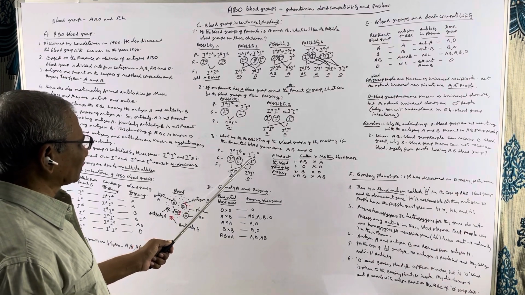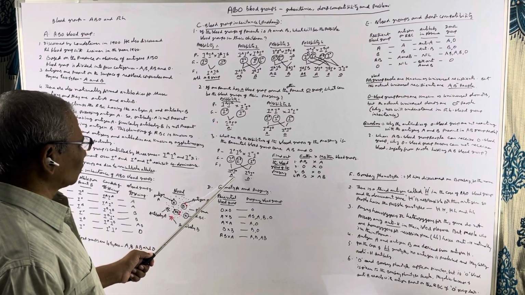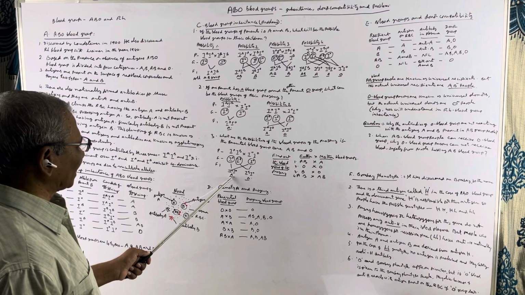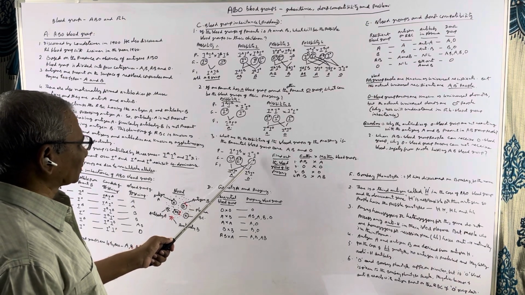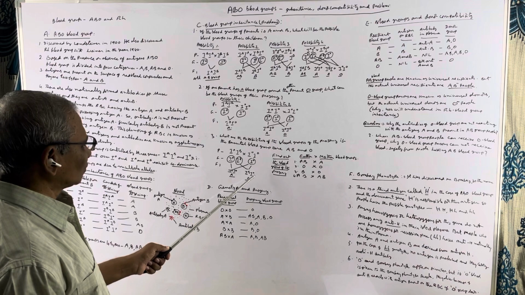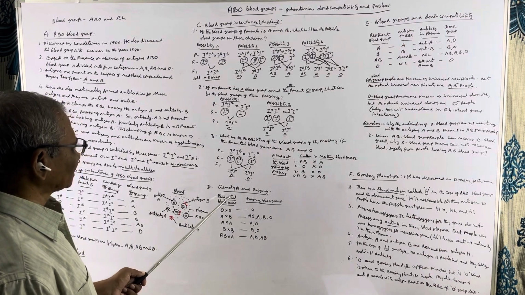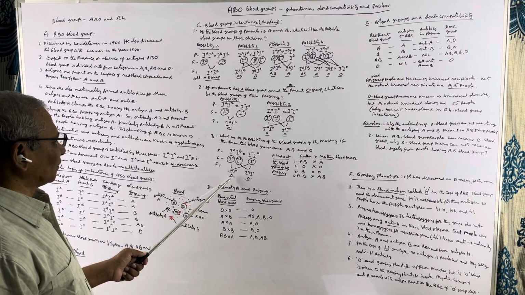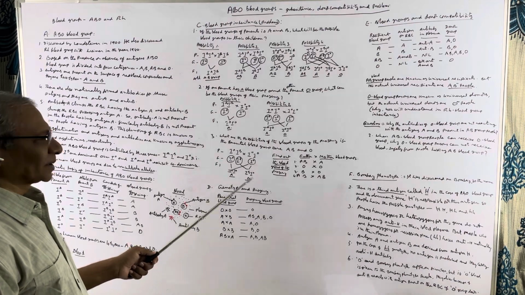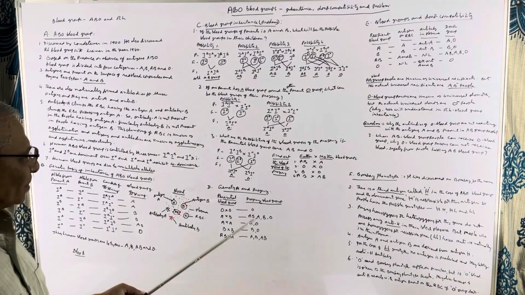If this gene combines with this one, we get IA, IO, that is, this blood group will be A type. If this gamete combines with this one, IB, IO, that is B group. That means the progeny 50% will have A group and 50% have the blood group B.